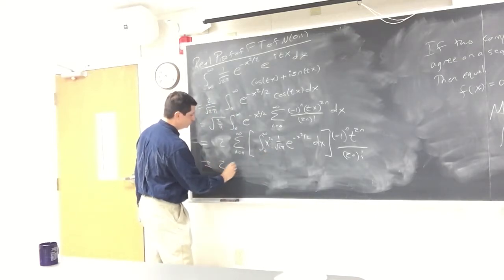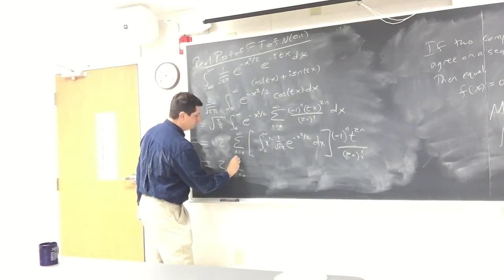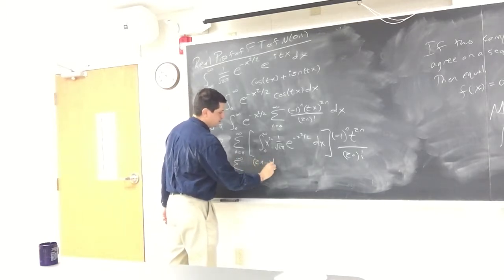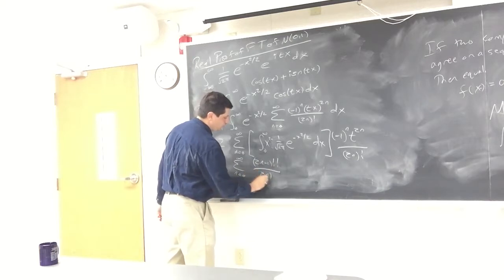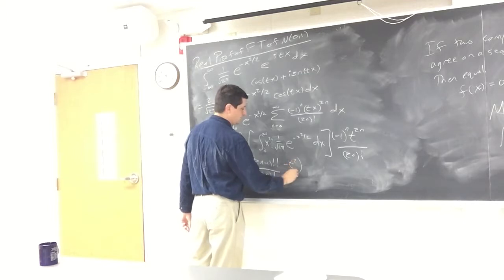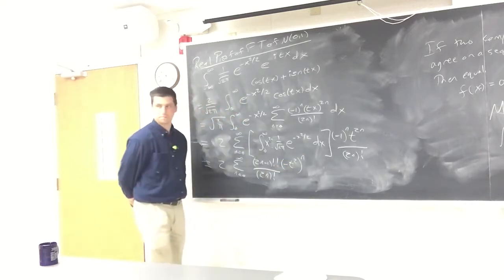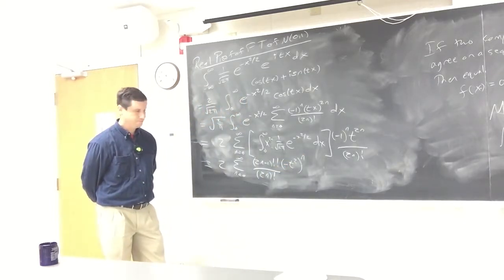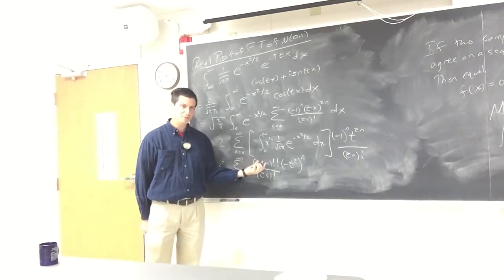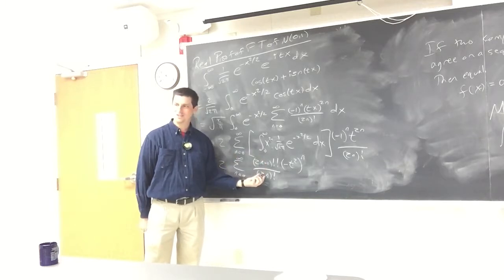So we get 2, the sum n goes from 0 to infinity. We'll have 2n minus 1 double factorial over 2n factorial negative t squared to the n. Okay. 2n minus 1 double factorial is all the odds. 2n factorial is all the numbers. So if I take all the numbers and I remove the odds, what am I left with?